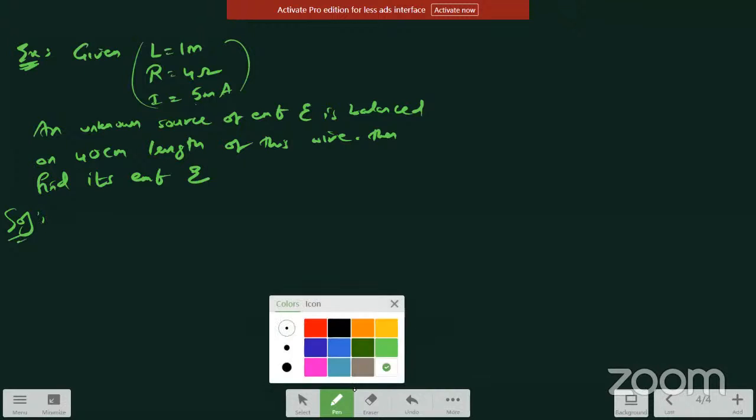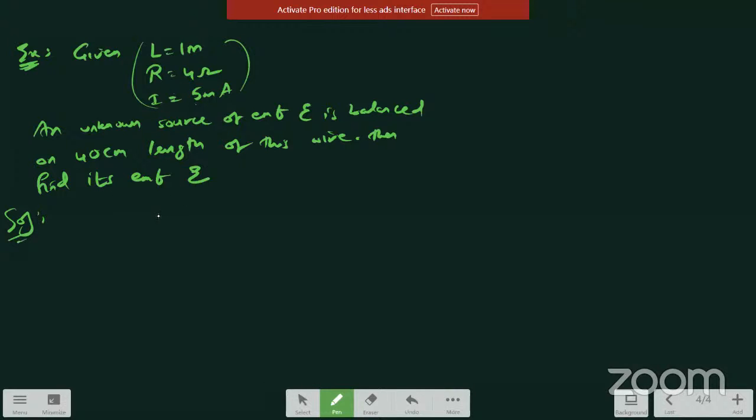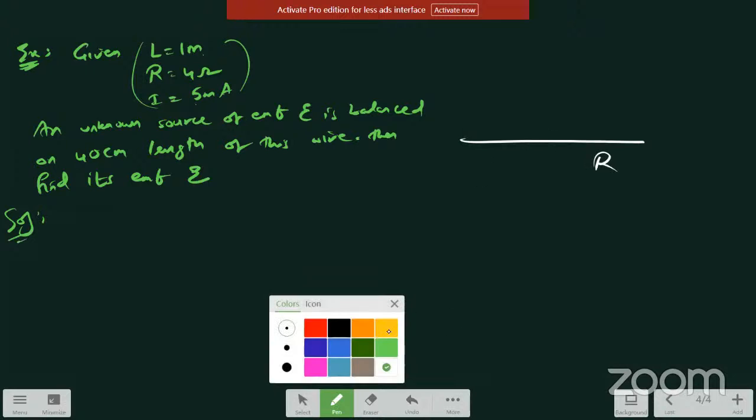Let me do this question. I am given the length of the wire and its resistance, right? The battery is connected in this way. Whatever it may be, the current passing through the wire is given to you. How much is it? 5 milliampere, right?